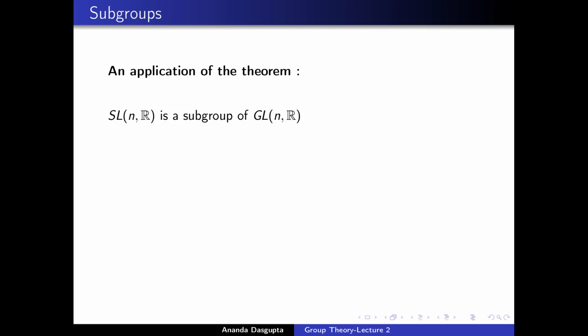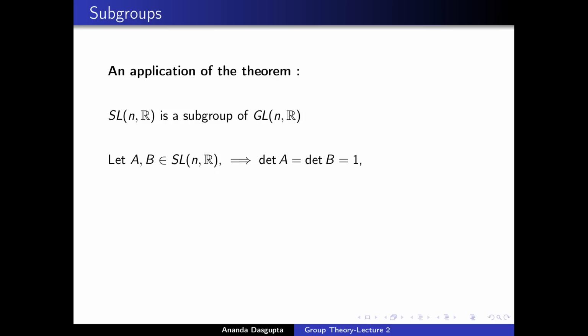set of non-singular matrices. What we are going to do now is we are going to prove the same result using the theorem that we have just stated. And there the proof goes this way. Take any two matrices A and B in SL(N,R) and then form the matrix A times B inverse and check whether it is in SL(N,R).